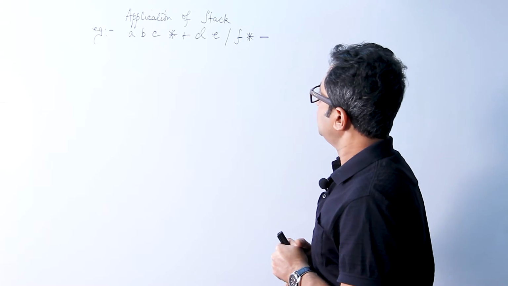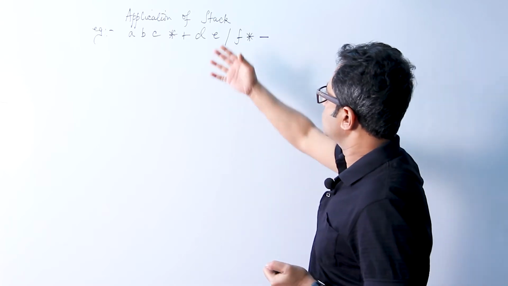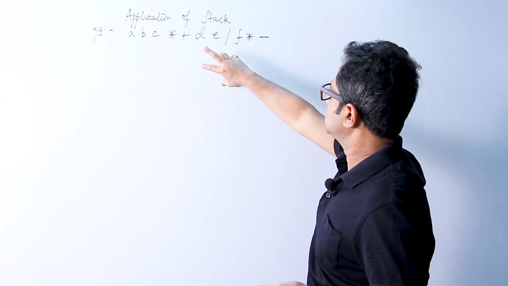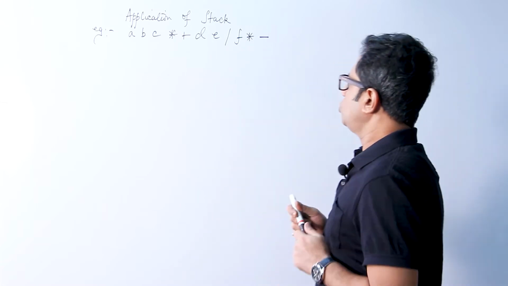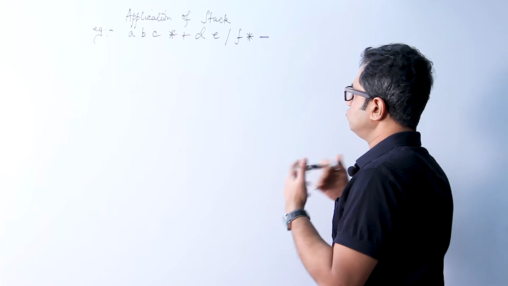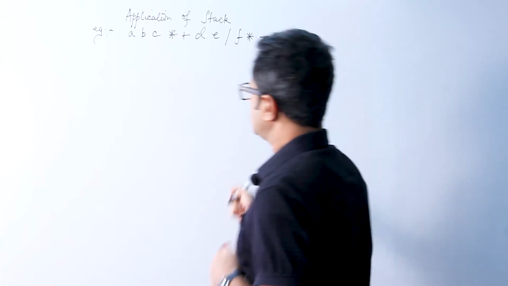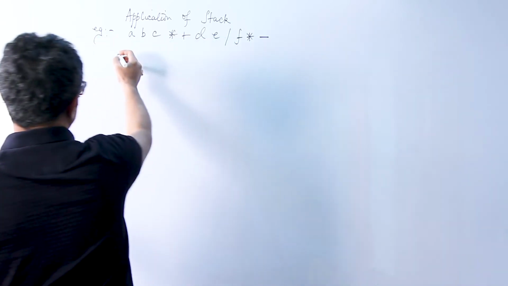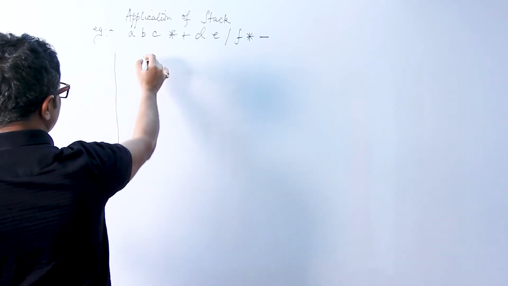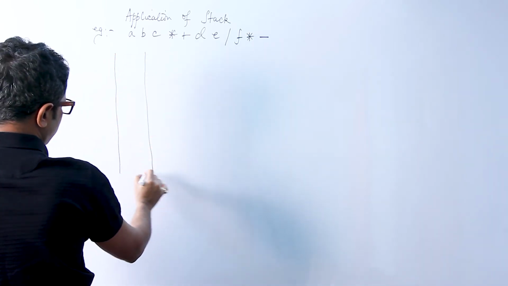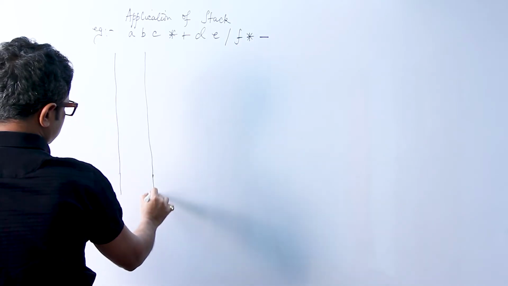We are going to apply the stack data structure in order to convert this postfix expression into its infix form. So, what to do at the beginning? We'll just develop a stack data structure like this. We'll just imagine the stack to be an array, and we'll write this stack.